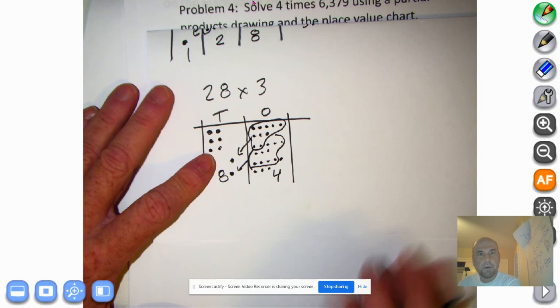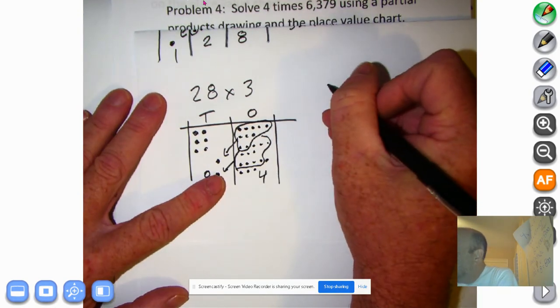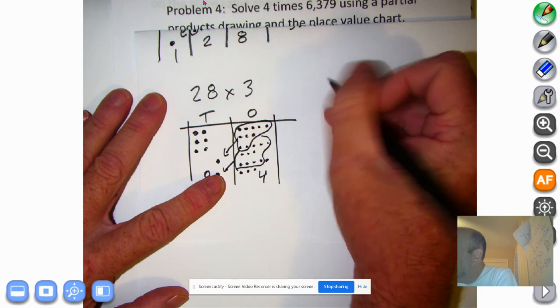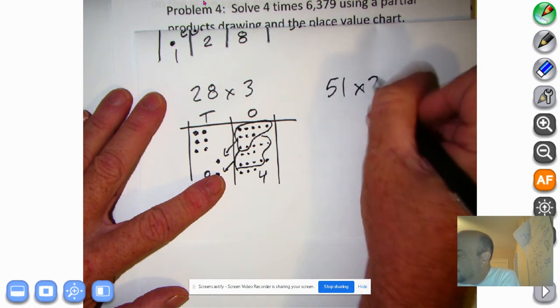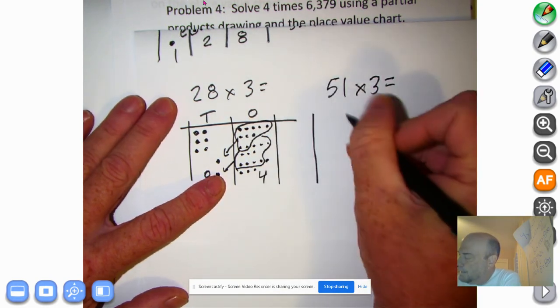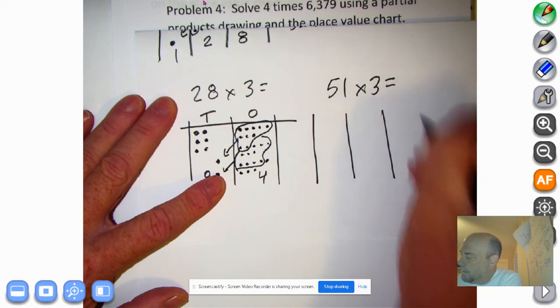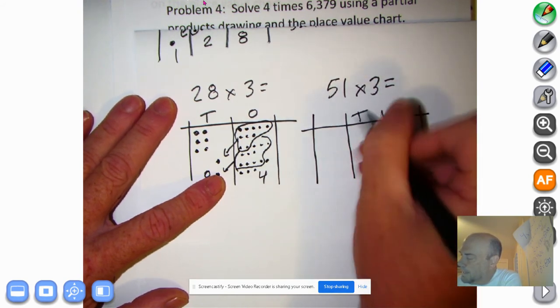Look at this. We have time for one more. I'm going to get through that whole fluency practice. And this one is, watch, trying to read this. 51 times 3. What will that equal? Let's go to our hundreds columns. Look, there's 1s, 10s, and 100s.